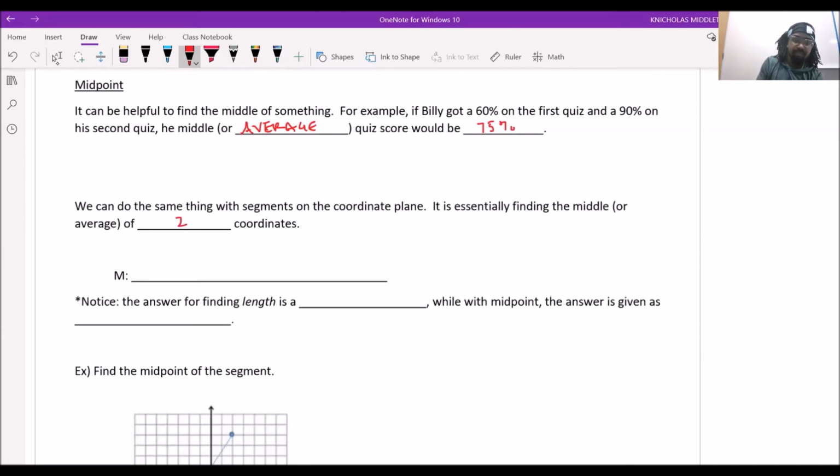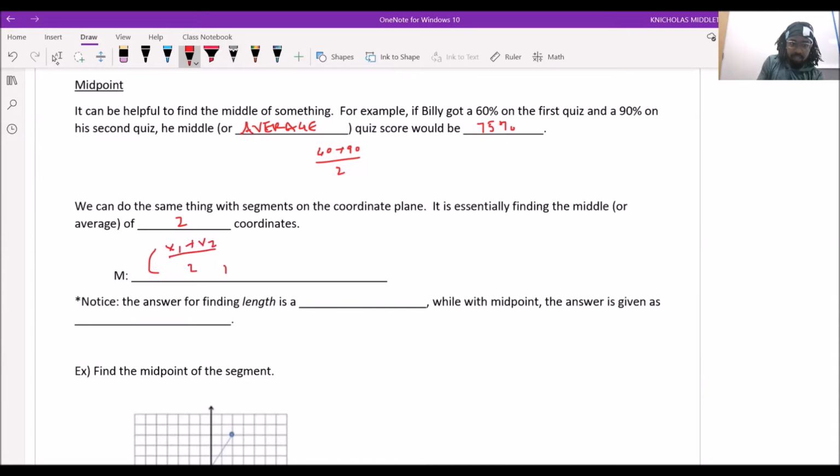Okay, and so here's our formula for it. Basically, we're finding the average just like we did up here, right? So we did 60 plus 90 divided by 2 because there were 2, right? And that gave us 150 divided by 2, which is 75. And so that's what we're doing. With the x's, we're finding the middle, x1 plus x2 over 2.